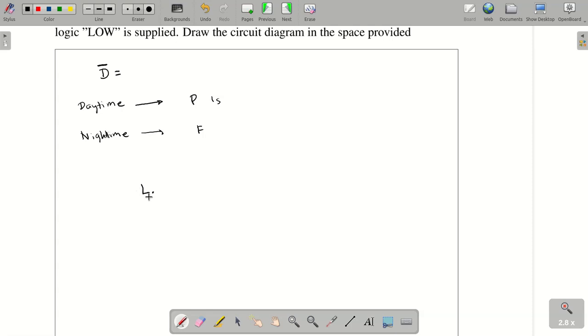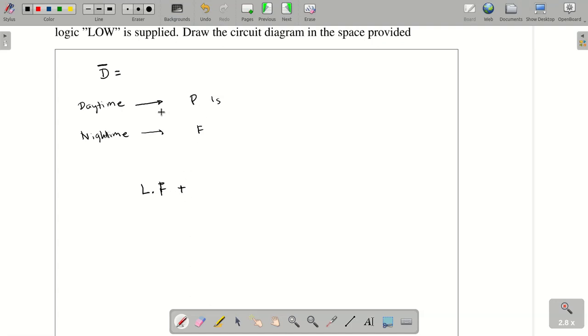So when L is high, that means it's nighttime, and when authorized access is given from F, the fingerprint reader, we want the output to be high. So that's one part.